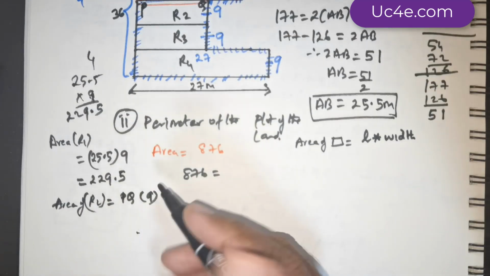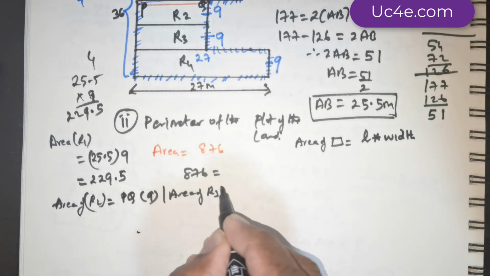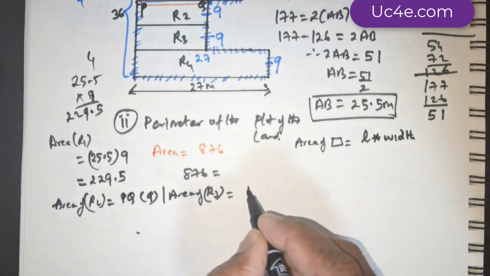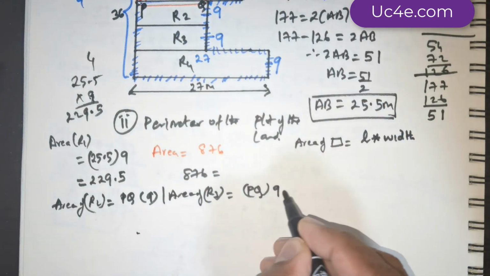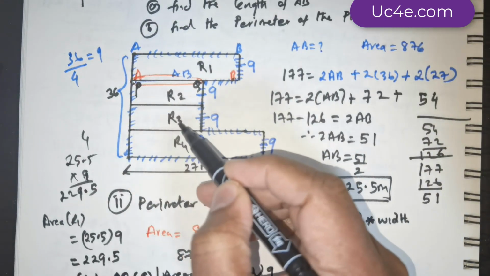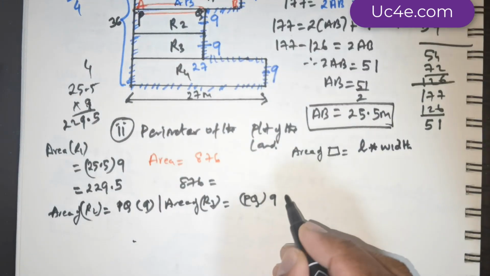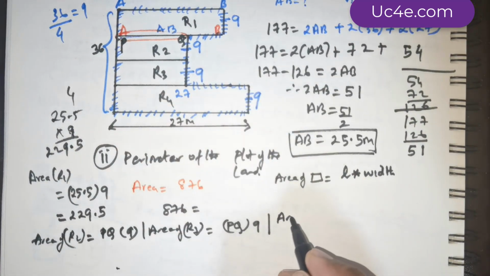So let me write that down. Area of R3 is equal to, the length is going to be PQ times 9. The same length is going to be applied to R3 also.